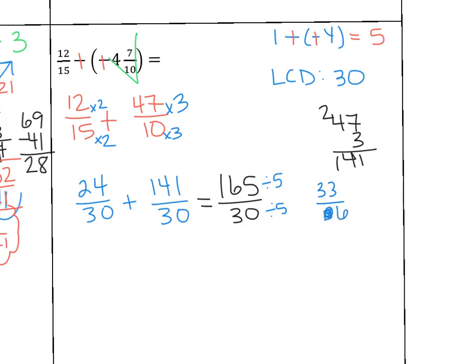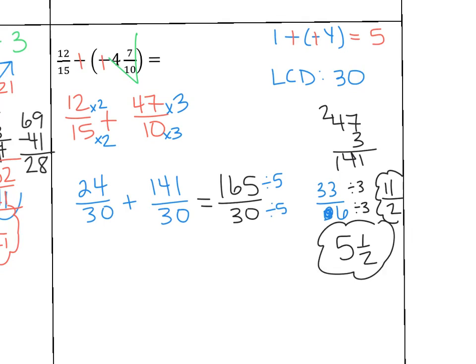There we go. This can then still be simplified by 3, which would give you 11 halves. This would be an acceptable answer, or if you turn that into a mixed number, you would have 5 1/2. Also an acceptable answer. All right, good job.